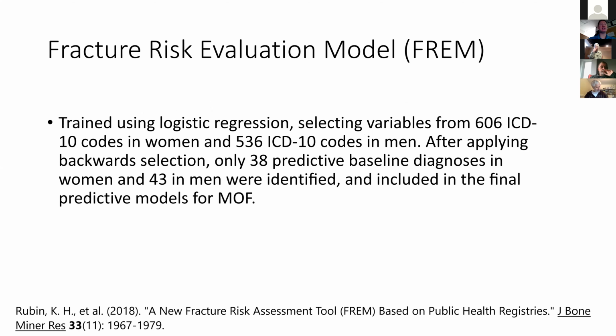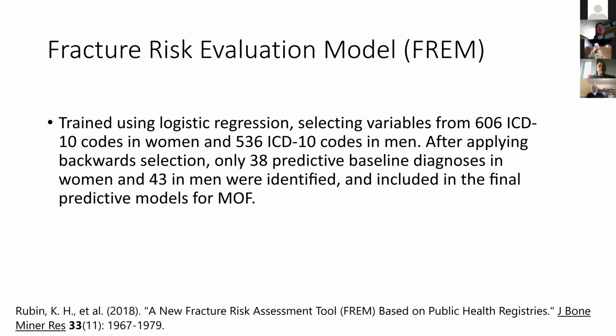There's a Danish FREM, which is fairly new from 2018. They basically took 606 ICD-10 codes in women and 536 ICD-10 codes in men. And then they applied backwards selection to create a logistic regression model.